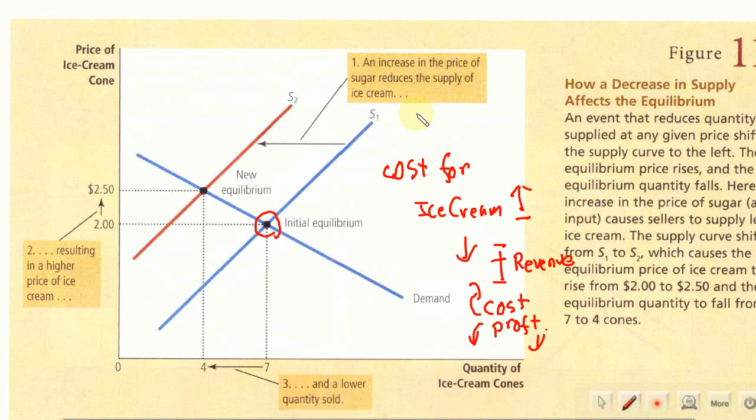Okay, then the supply line shifts from here to here, meaning that, look at this, the quantity reduced, maintaining equilibrium in this case.